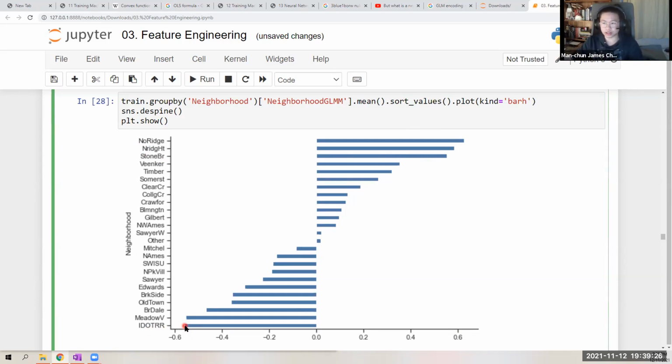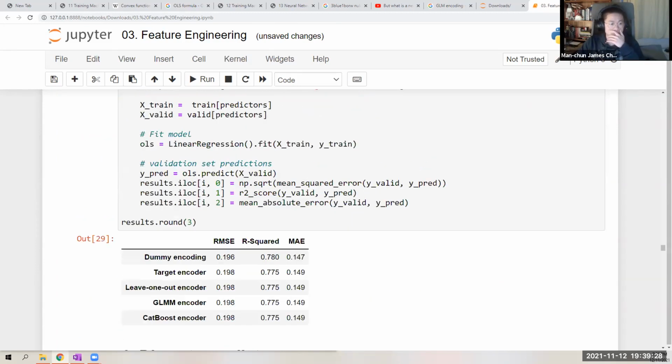That's what this is showing. And then you can do the same thing for other encodings.